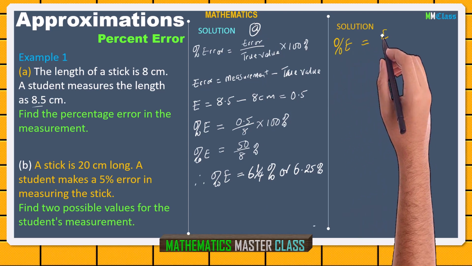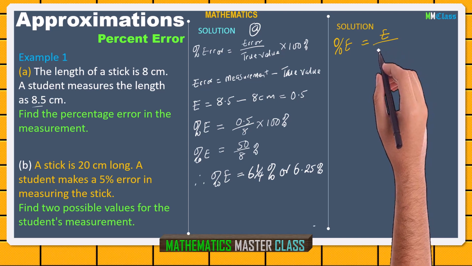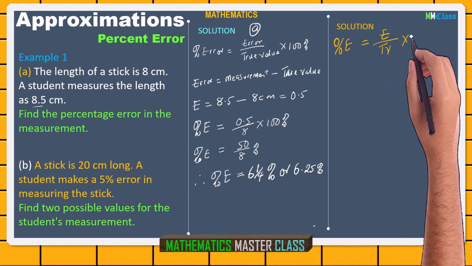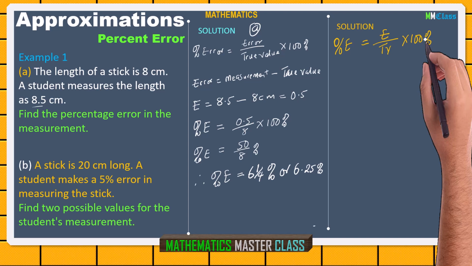Percentage error is equals to error all over true value times 100%. Now we know the true value, we know the percentage error, so we don't know the error.